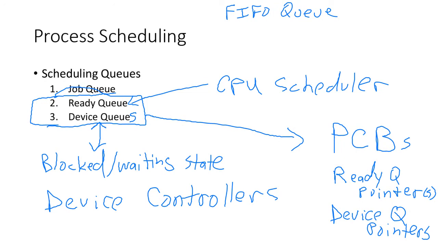Then the operating system would definitely have a pointer pointing to the first process in the ready queue, and the first process in each device queue. So basically it's utilizing pointers. If the process is in the blocked or waiting state, then the operating system goes to its process control block and manipulates the pointers for that device queue to put it in that queue.